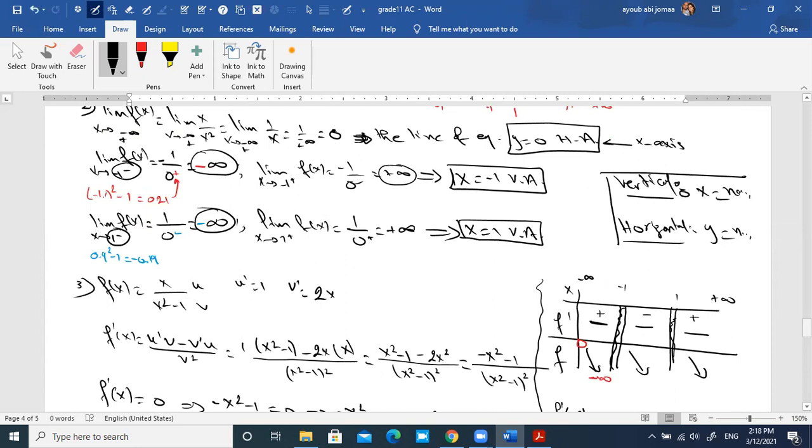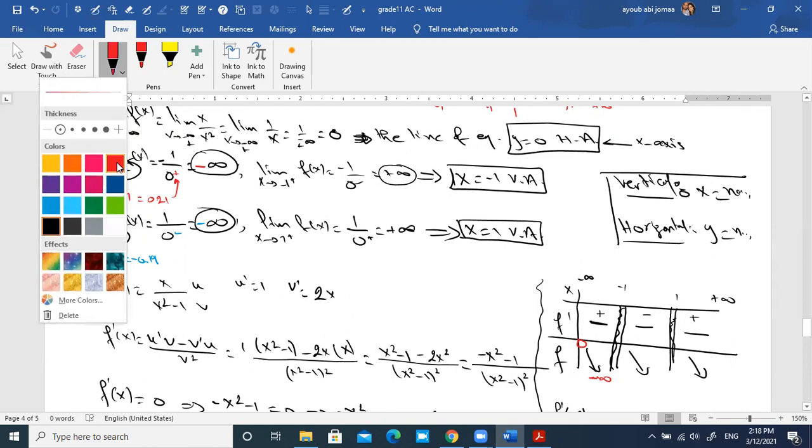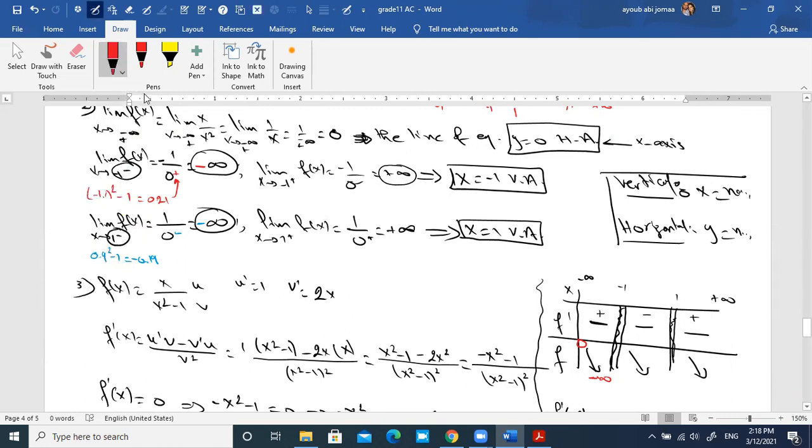So here you are going to write positive infinity. Here, positive infinity. 1 minus, it's negative infinity. 1 minus here, negative infinity. 1 plus is positive infinity. And limit as x approaches positive infinity, the answer was 0. At negative infinity, the answer is 0.